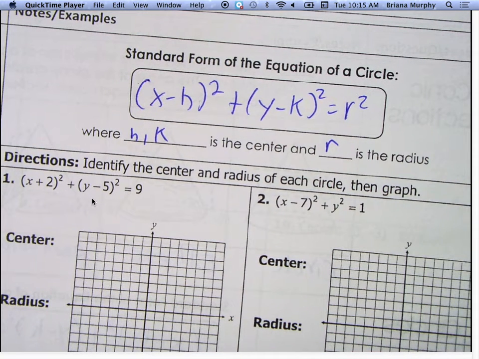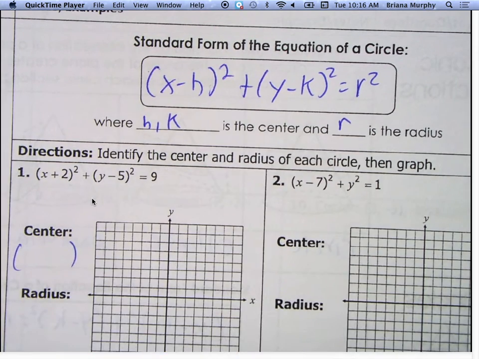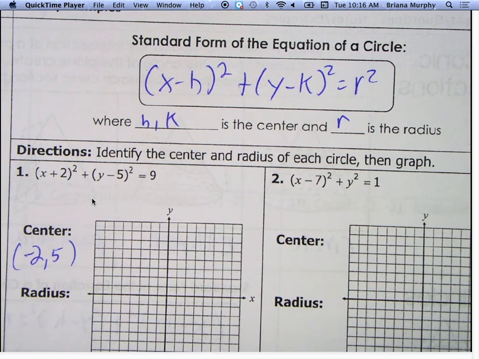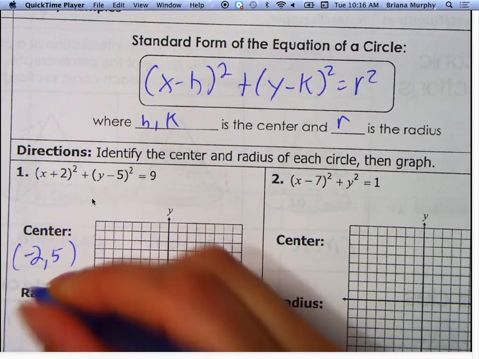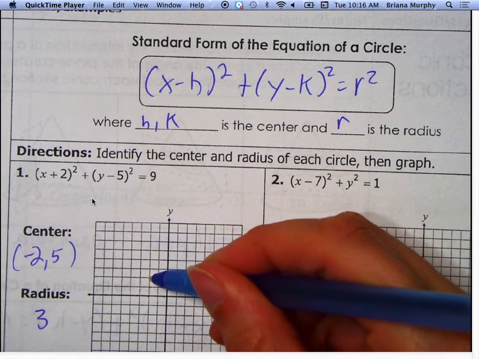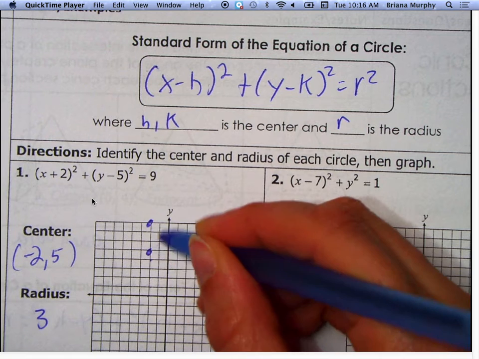Okay? Now I'm just going to graph these. Right? What's my center? -2 and -5. Good. What's my radius? Good. So I'm going to go to the left 2, up 5. I'm going to go with 3 in every direction.